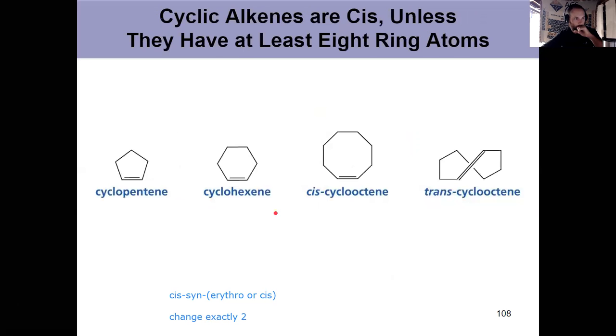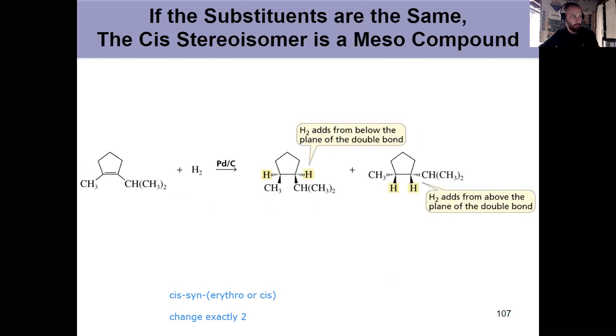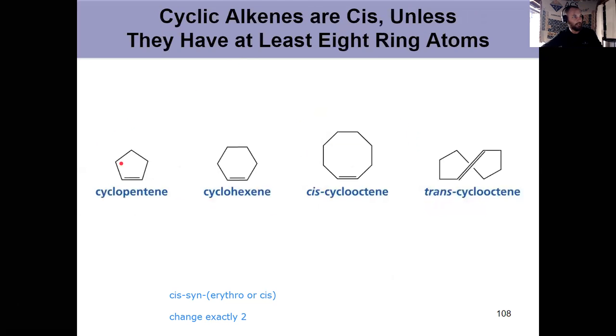Nothing new there. I guess I was getting a little bit ahead of myself, but always be on the lookout for that. Okay, if it's cyclic with an alkene, cyclic alkenes are always cis, because these 2 bonds are on the same side. It's not until you get to cyclooctene and above, 8, 9, 10 carbons, that it's even a possibility to get trans.